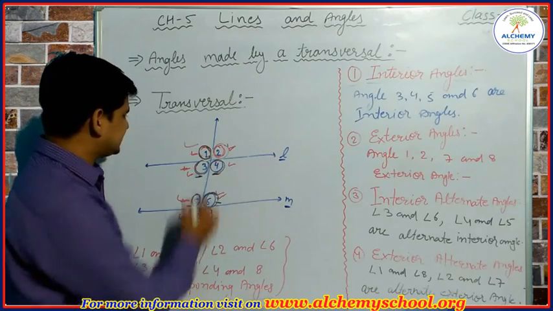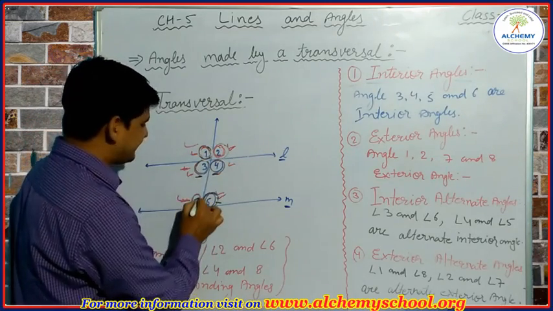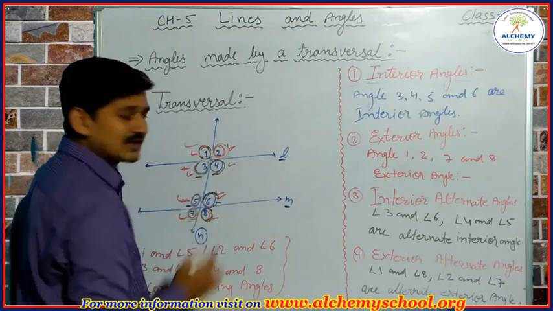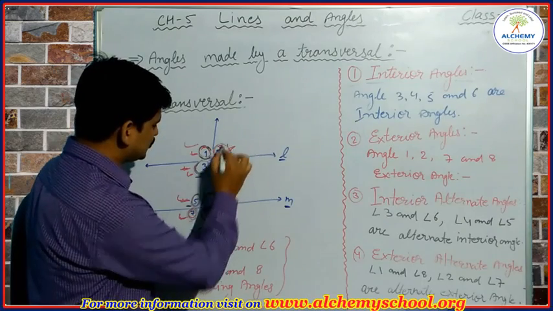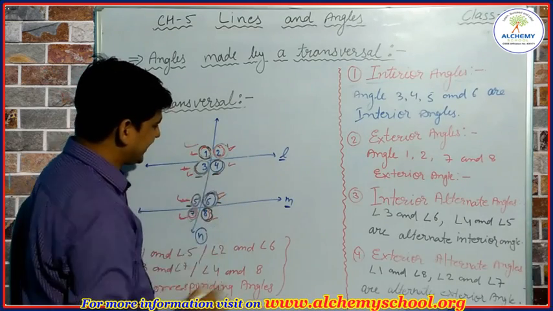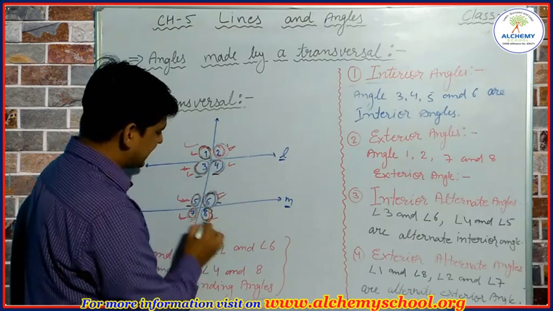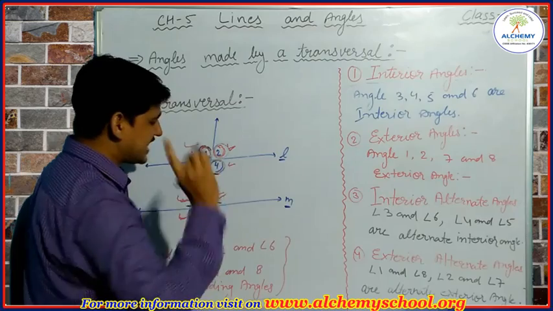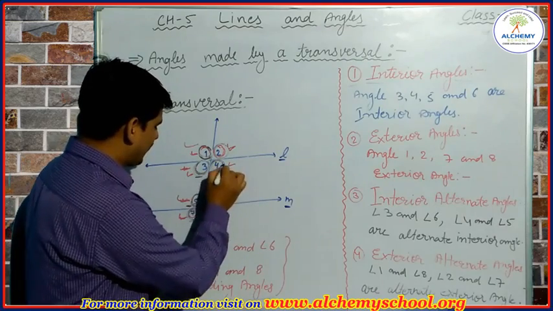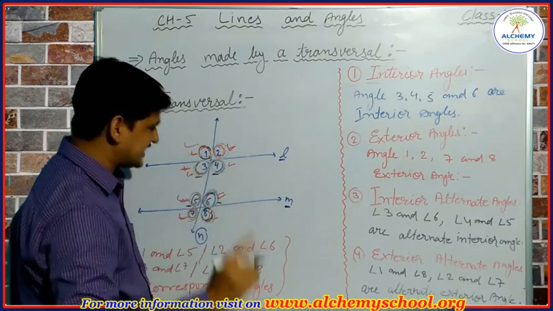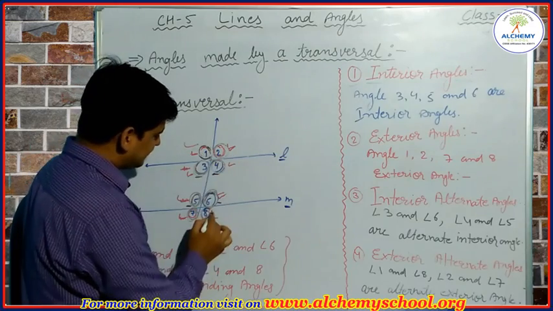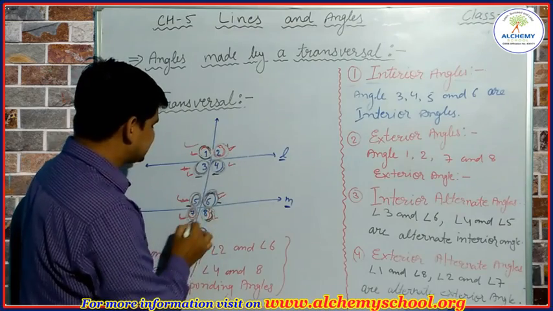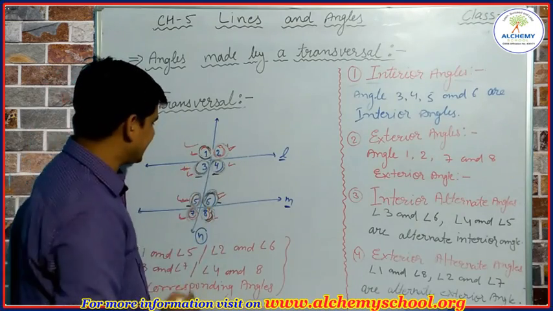Once again we will revise: angle 1, angle 5, corresponding; angle 3, angle 7, corresponding; angle 2, angle 6, corresponding; angle 4, angle 8, corresponding; angle 3, angle 6, alternate interior; angle 4, angle 5, alternate interior; angle 1, angle 8, alternate exterior; angle 2, angle 7, alternate exterior.